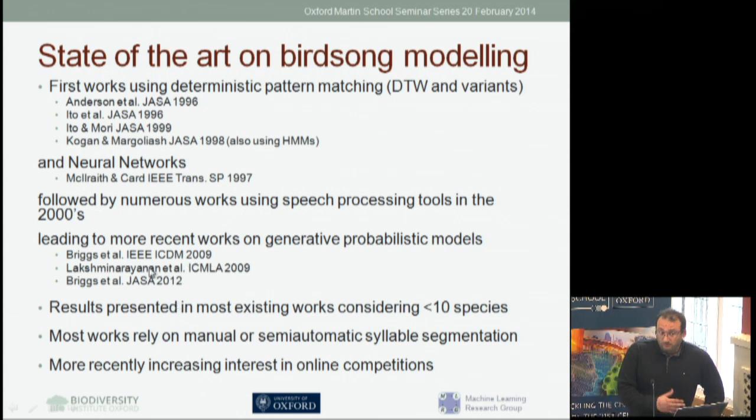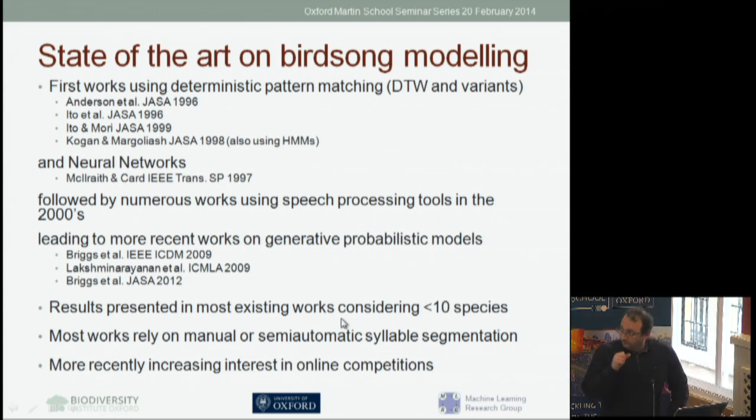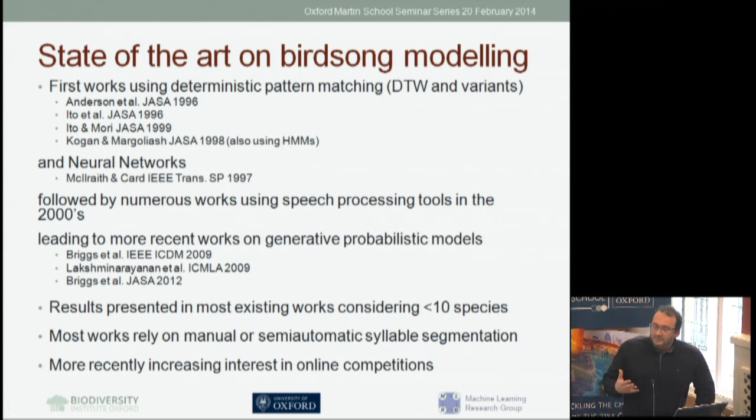Some of them are the classifiers we're using for our work, and I'm just putting them here for reference. What I wanted to stress is that most of these works present results that consider 10 or fewer species. We're interested, as I showed before, in classifying among hundreds of different species, so that's one aspect.